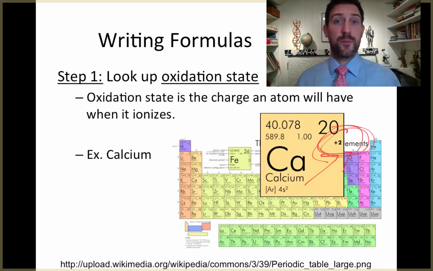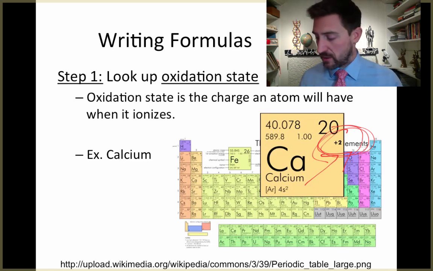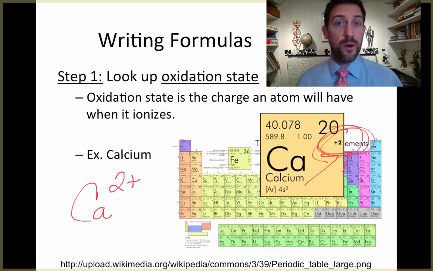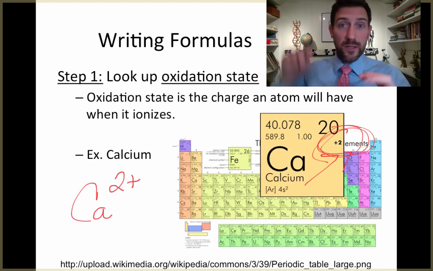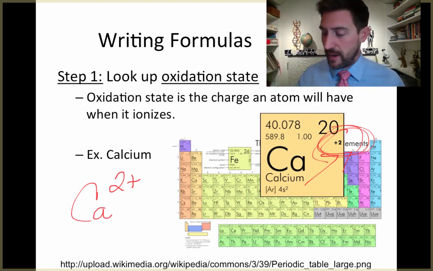So when calcium turns into an ion, it's going to be calcium with a 2+ charge. That means two negative electrons go floating away, and that's how it turns into a positive charge.